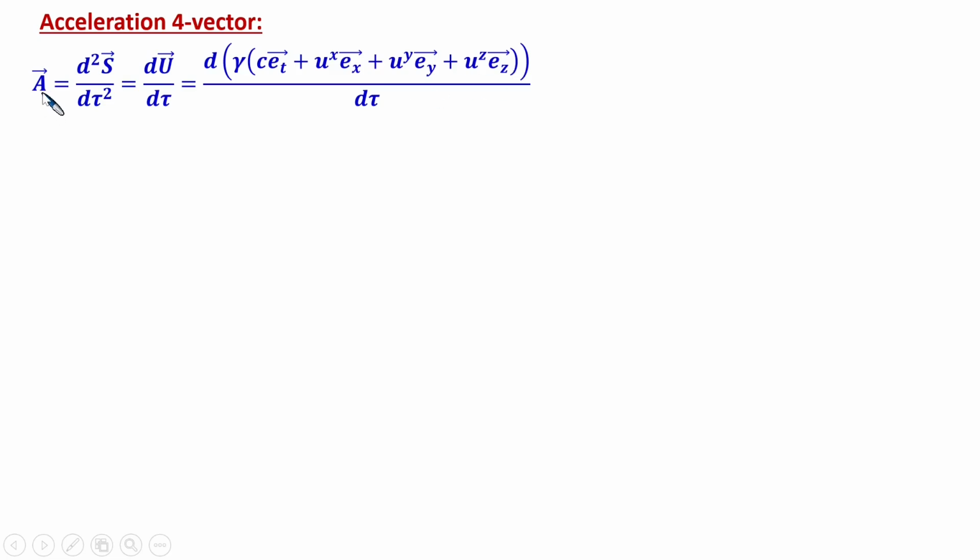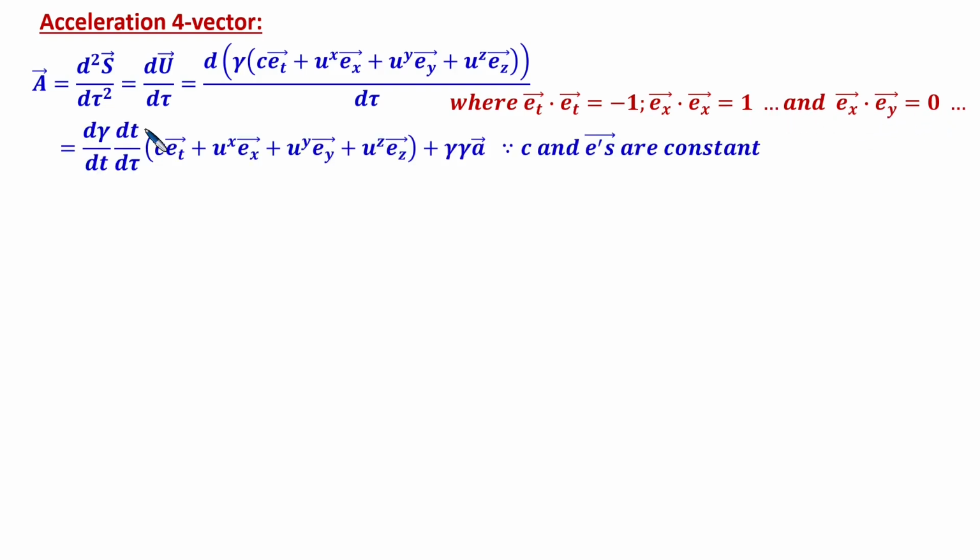So this is an expression for the 4-vector acceleration with the condition that e_t · e_t is equal to minus 1, as we said earlier, and e_x · e_x and the others are 1, but the cross dot product of the basis vectors is 0. So now I take the derivative by parts, that is dγ/dτ. I write it like this, I keep it constant, and then I take the derivative of this quantity.